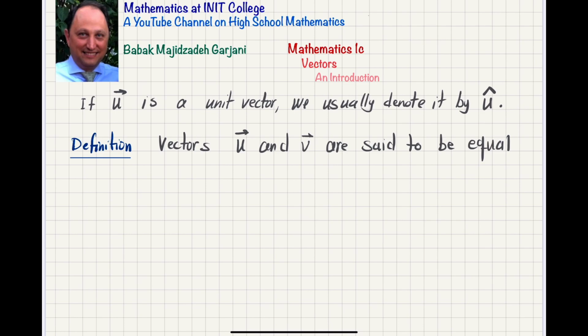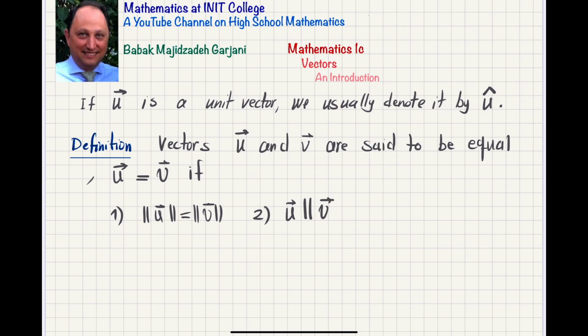Of course, we write U = V, we use the same symbol of equality, if number one, the length of U is equal to the length of V. But this is not enough. The second one is that U is parallel to V. This symbol I am using for parallel. And the third one is that U and V point to the same direction, to the same side.